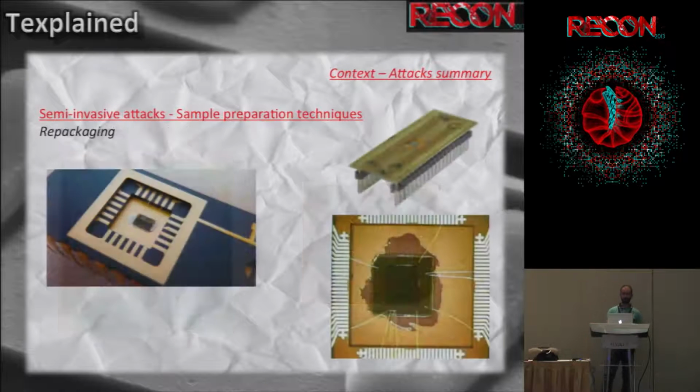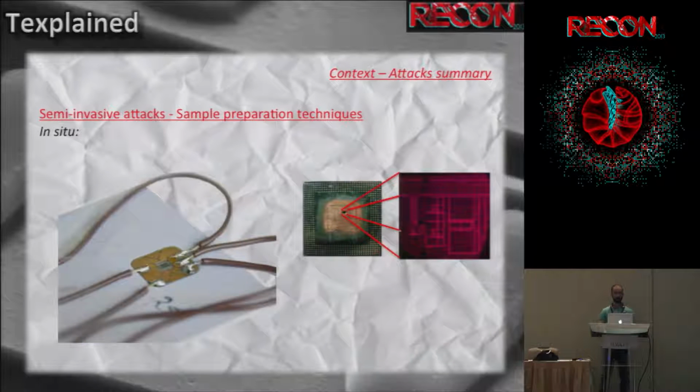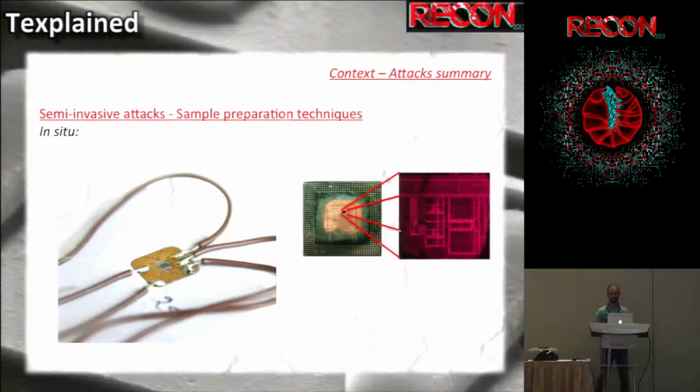Or you can remove the chip from its original package and put it somewhere else to perform all kinds of attacks, like, I don't know, FIB or laser glitching or whatsoever. And if you are lazy enough, you will find that you don't need to open the chip so much, because especially with smart cards, if you have a Dremel tool, it's okay, you can reach the chip. And this is what I like.